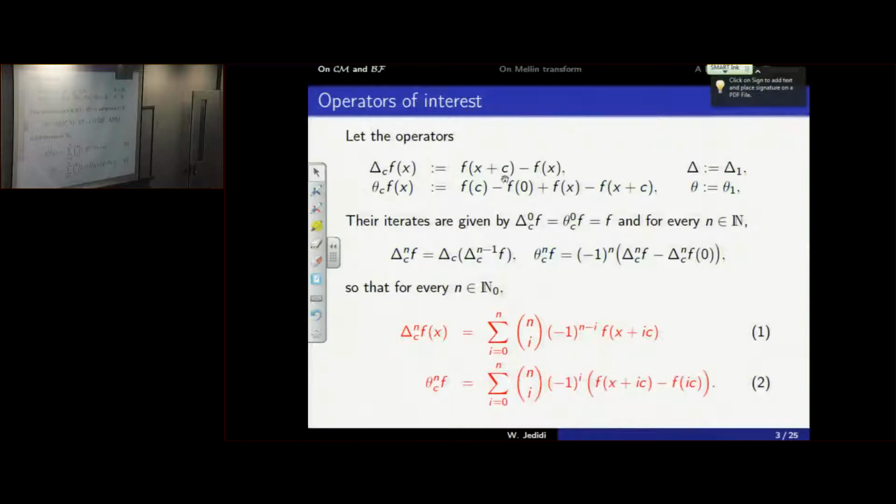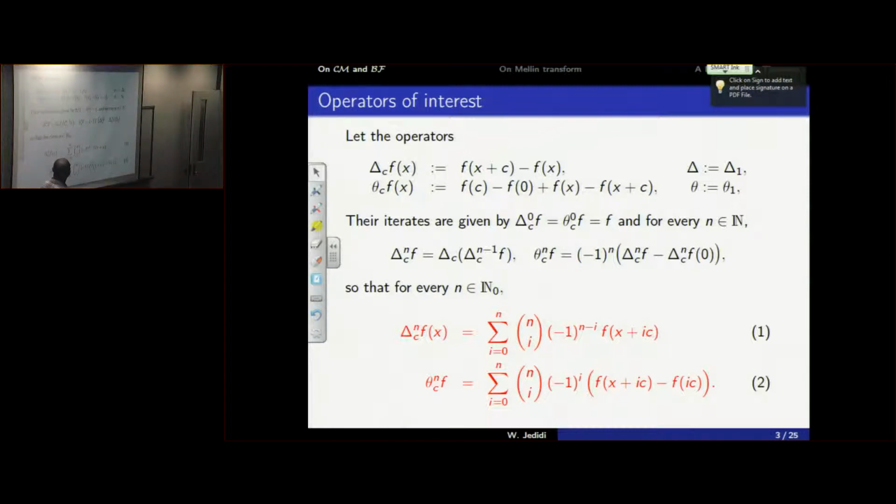We start with, of course, some notations and some settings. We introduce the delta difference operator, which is an increment, and its companion, theta. Of course, you will see a constant C appearing. C will vary.